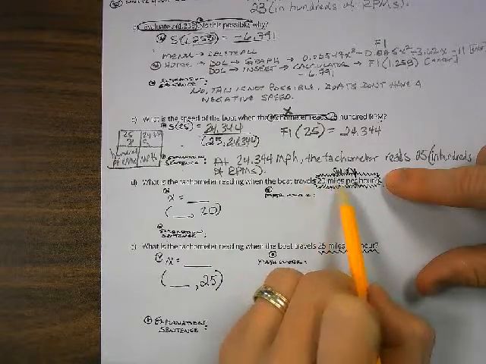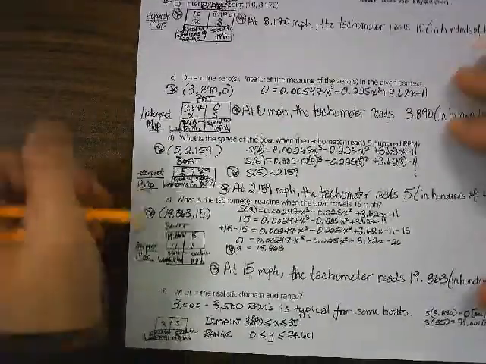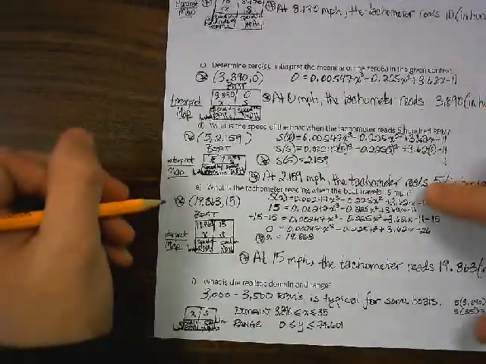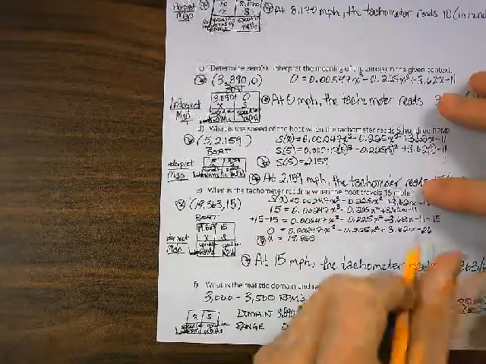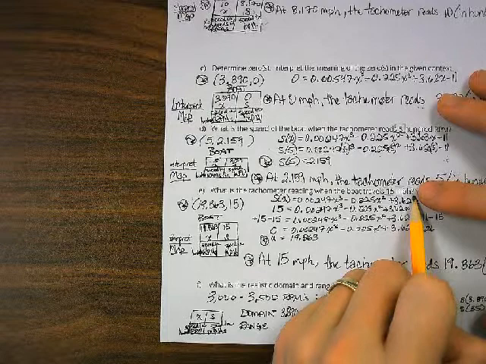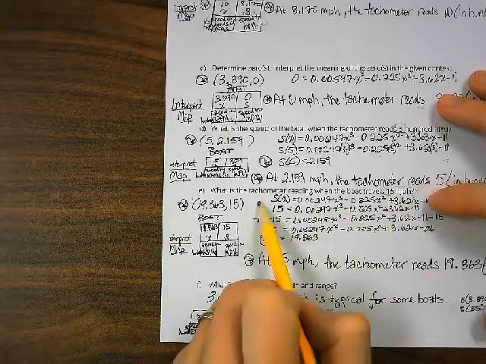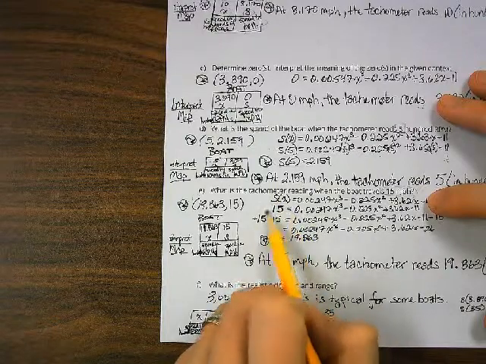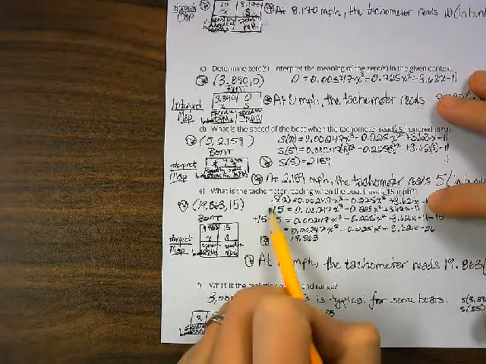So what you want to do is maybe look at a quick example over here. Here's one where it says 15 miles per hour, so they're giving you the speed. And look what happens. Because they give me the y variable, I substitute it into the equation on the y side. But remember, we're looking for zeros. So once I put this positive 15 over here, I want it to go to 0. The opposite of positive 15 is negative 15.